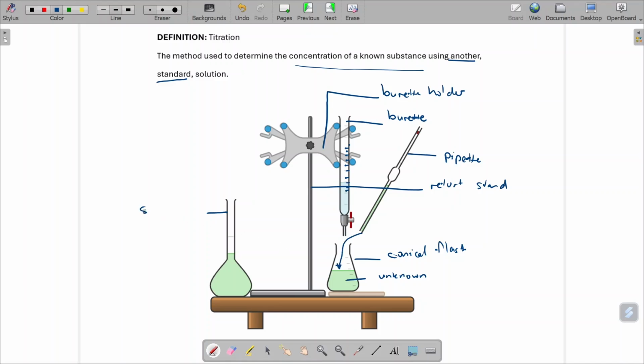This is our stock solution. In other words, our standard solution, and this is what we use then to work out the substance that goes in the burette.